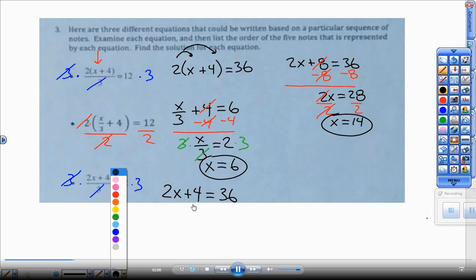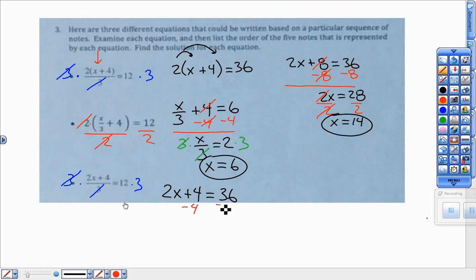Subtract 4 on both sides, minus 4 minus 4 gives me 2x equals 32. And then divide by 2 right there. And that gives me x equals 16.